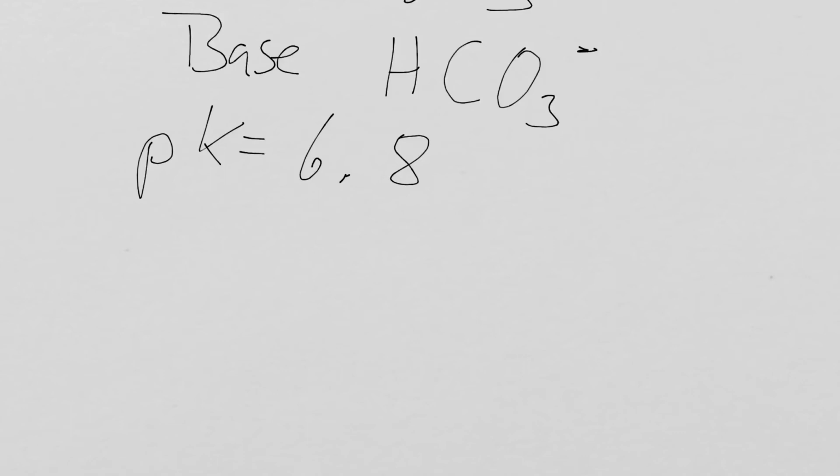So we can say, what is the ratio of acid to base in the blood? We know that the blood has a pH of 7.2. That's the pH of the blood.